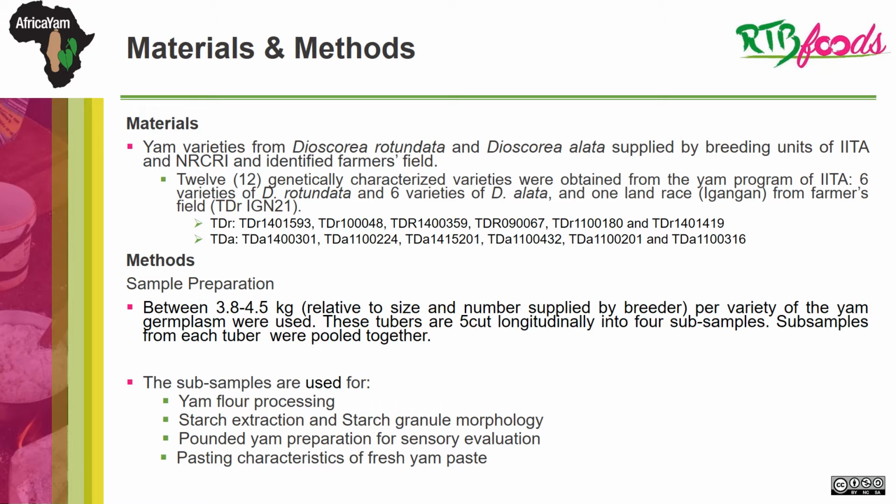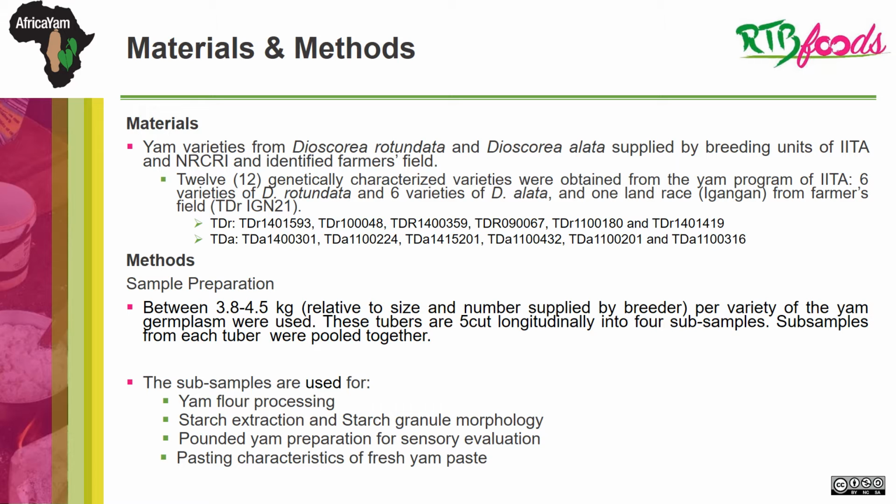The results that we'll present in this presentation will be based on the materials that we collected for period 4, which are 12 varieties of yam, 6 varieties of D. alata, 6 varieties of D. rotundata, and 1 landrace that we got from the farmer's field.